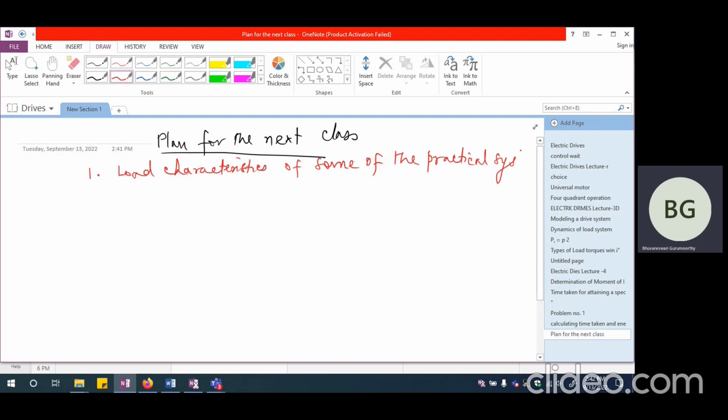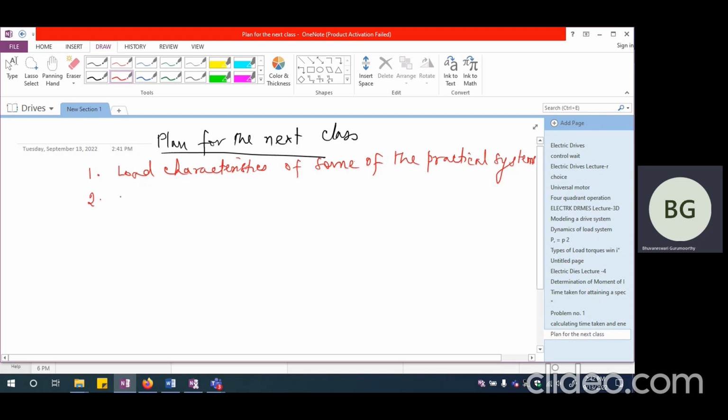For example, if we consider a fan, a high-speed elevator, or a train, how are we going to have the speed torque characteristics? That we are going to take a look.